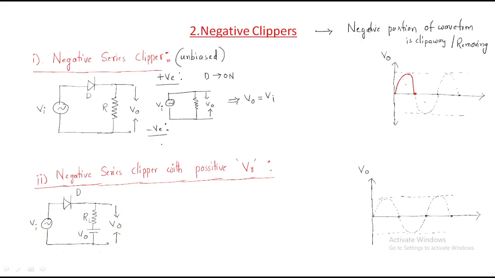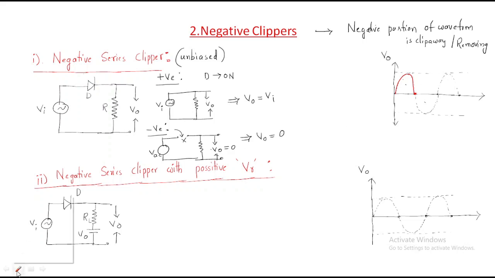The negative is applied to the P side, so it becomes an open circuit. Then the total voltage supplied by the source will be available across the diode. The voltage across the load becomes 0, so the output voltage is 0.